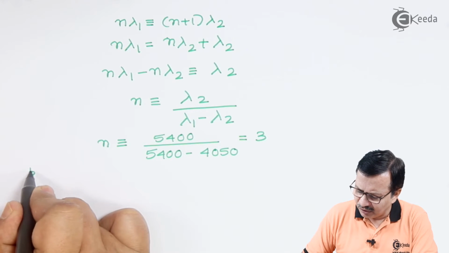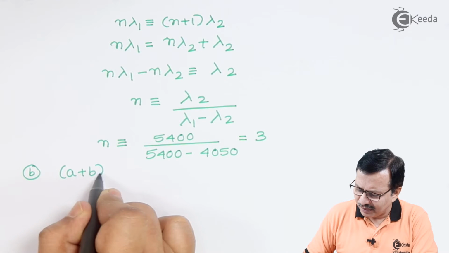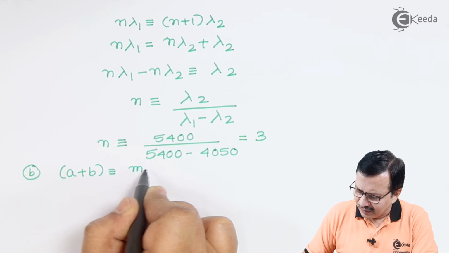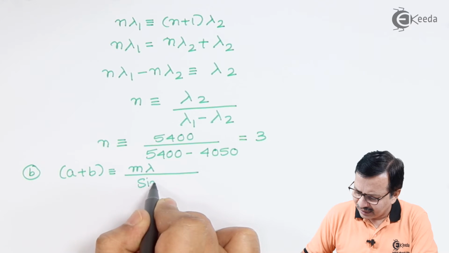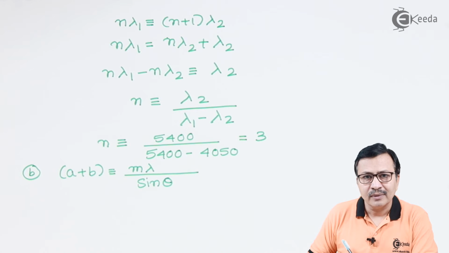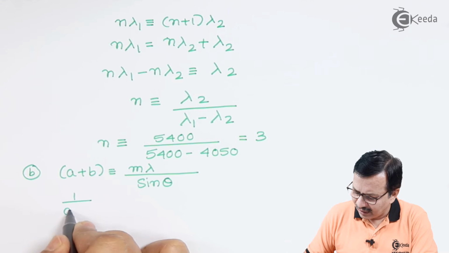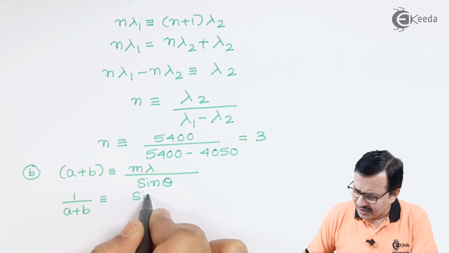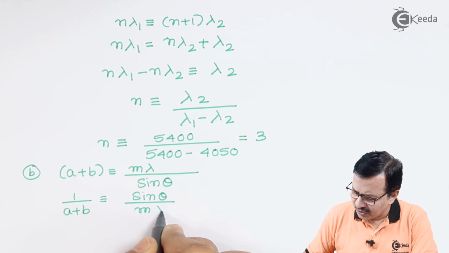So part B of the problem will now comprise of a plus b is equal to n lambda divided by sine theta. I take the inverse of this, and therefore 1 upon (a plus b) will be equal to sine theta upon n lambda.